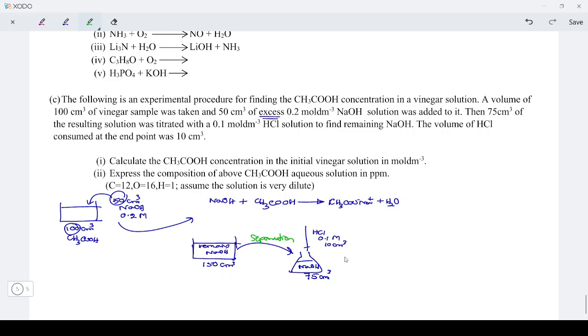And there is also another acid base reaction happening, HCl and NaOH, this one. So I'll show you how to get the answer here quickly. So HCl, you get, if you multiply the moles by concentration by volume, you get 1 into 10 to the power minus 3 moles.